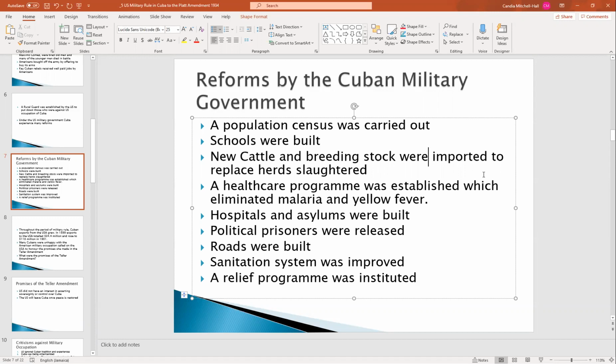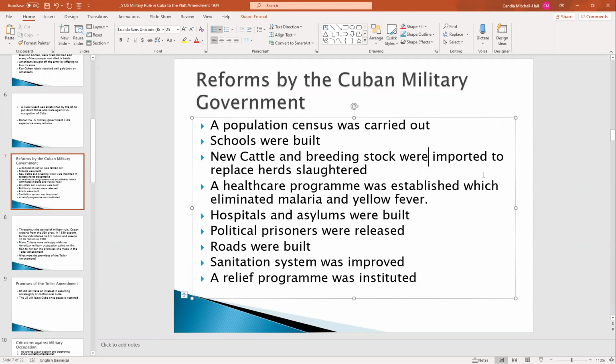They are going to build schools. They built health care centers, clinics, hospitals. Persons who were prisoners of Spain, persons who Spain would have imprisoned, were released from prison. They built roads, they built a sanitation program. At this time, Cuba had a lot of malaria and yellow fever. They implemented a program that eliminated malaria and yellow fever from Cuba.